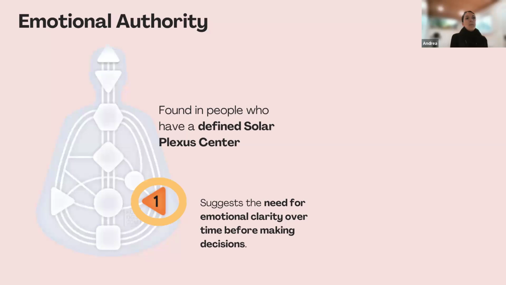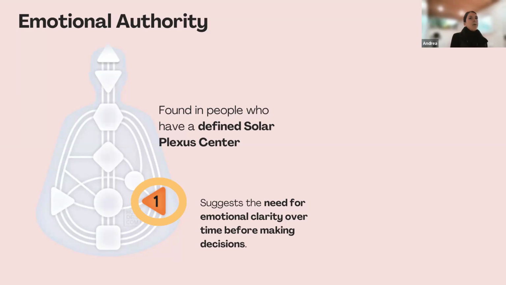Usually people with a defined solar plexus center, or emotional authority, it's suggested that they wait about 24 hours before making important decisions. Again, it doesn't mean things like what to eat for dinner or what movie to watch, but more so taking a job or not, making a big move, going into a relationship, things like that.